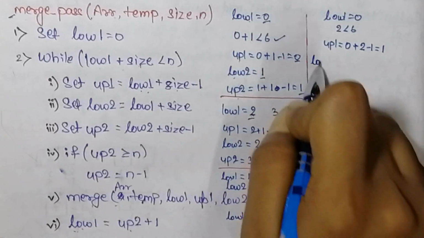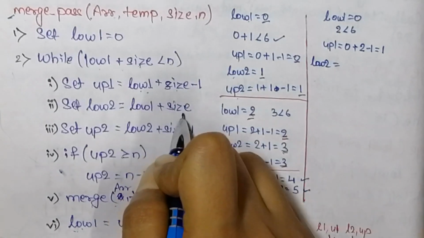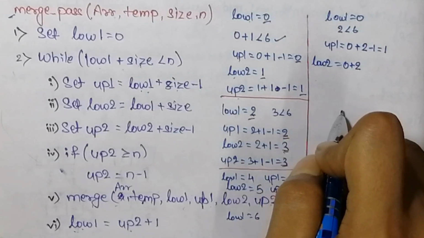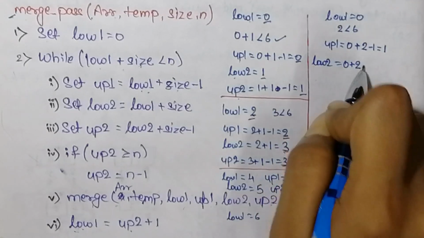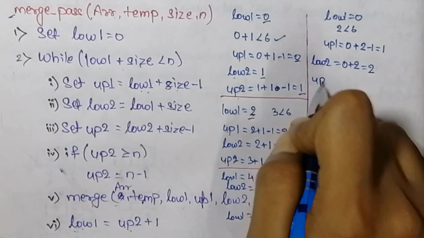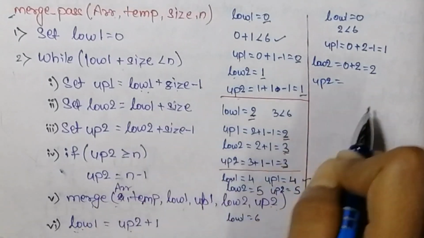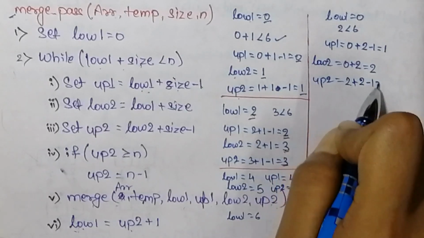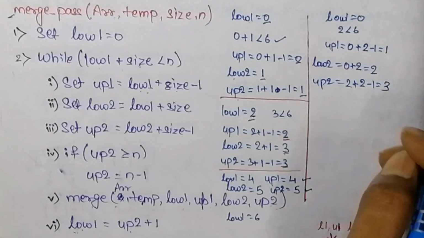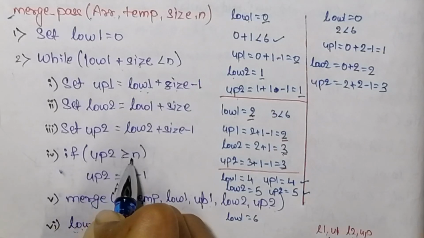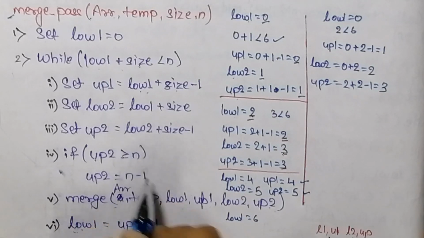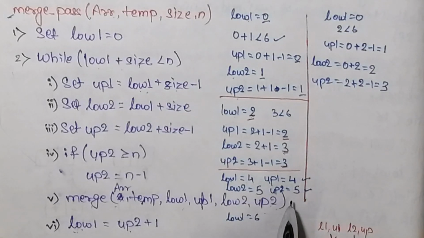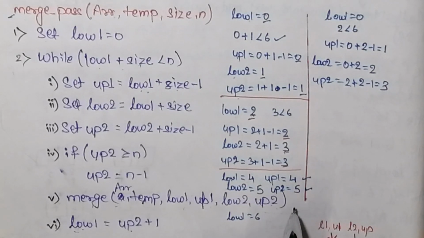In the same way, low2 will be low1 plus size, that is 0 plus 2, the value of size is 2, right? So it will be 2, and up2 will be low2 plus size minus 1, that is 2 plus 2 minus 1, that is 3. Now is 3 greater than 6? No. So we will again call this function merge, that will help us in merging two arrays into a single sorted array.